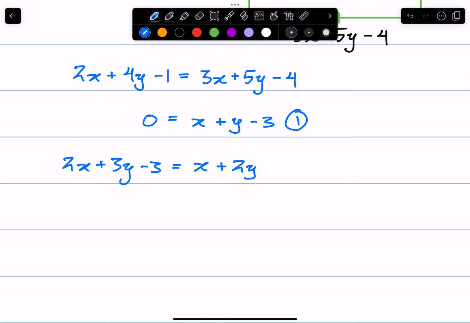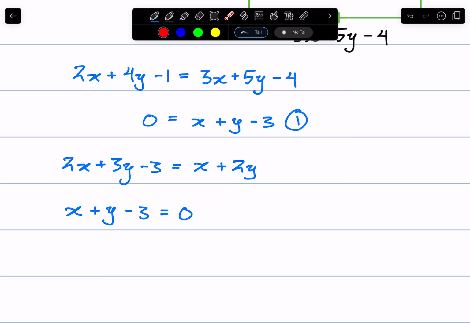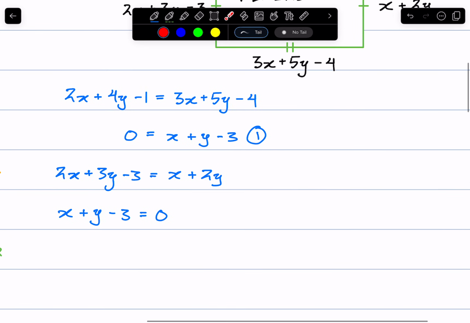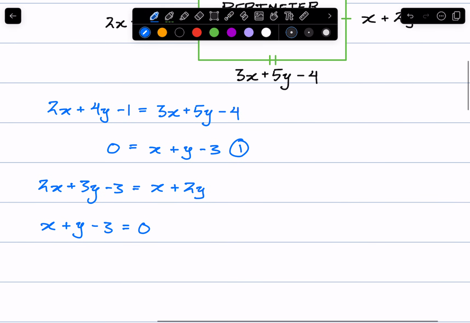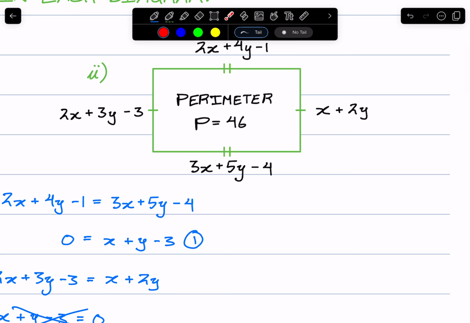I move this to the side, I get x. 3y minus 2y is plus y, and that minus 3 is still here. Notice how this equation and this equation are actually identical. So as you can see, we can't use this equation because we need two unique equations. And this is where the perimeter is going to be handy.